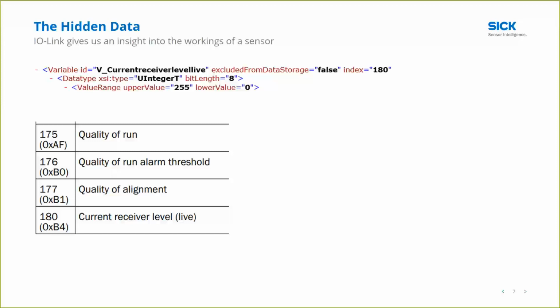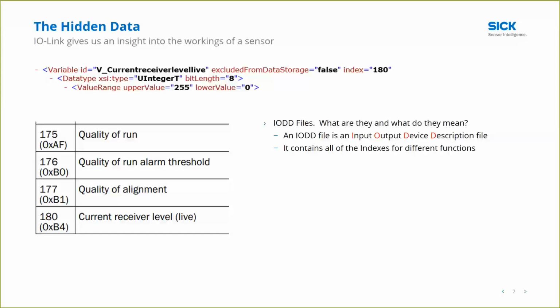We can sort of get a bit of a grip on what's happening and what this data is by looking at the indexes. And what we need to do is convert this, what ends up being quite a long data looking file. We need to be able to see that in a way that we can understand. Okay, so for example, we've got a line extract from the IODD file at the top, and we're looking at index 180. Well, within our documentation, we reference that 180.